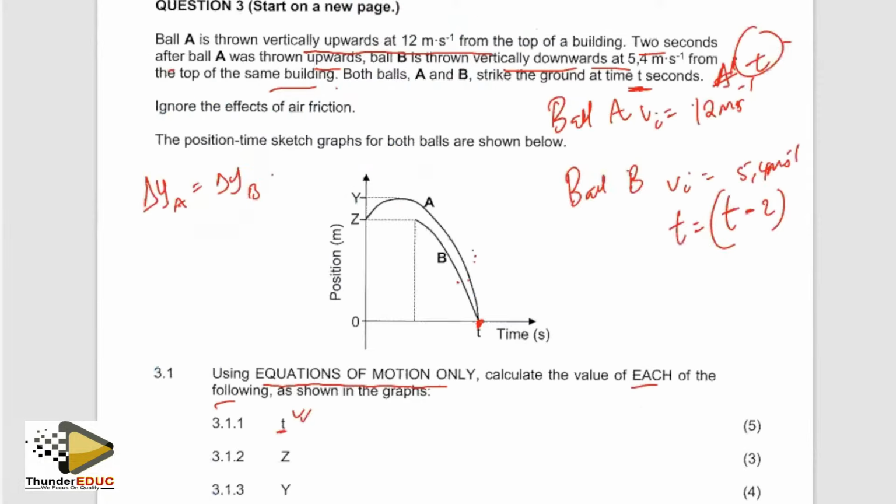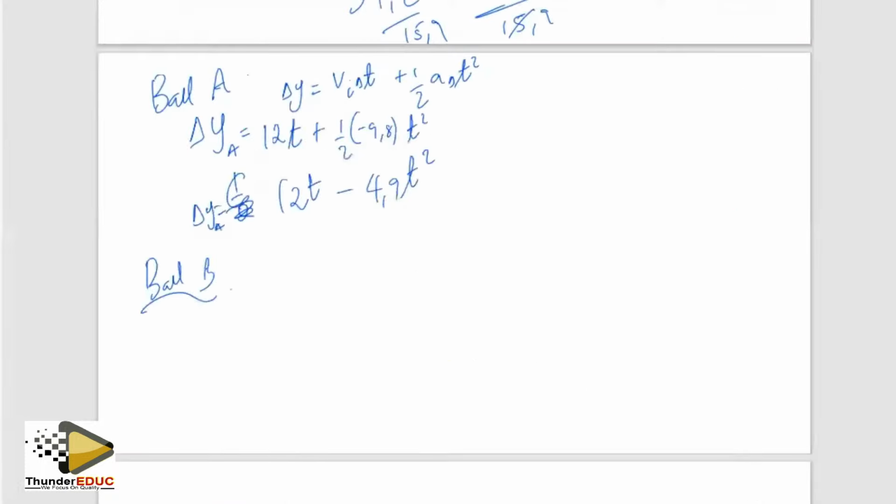Then I look at ball B. How many marks is this question? It's 5 marks. With ball B, I'll repeat the same thing. Change in y is V initial multiplied by t plus a half a delta t squared.